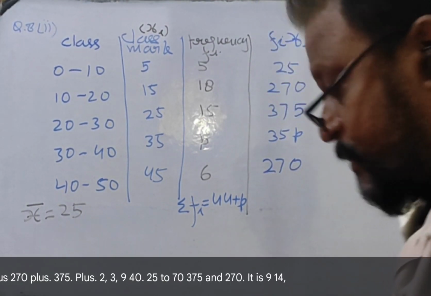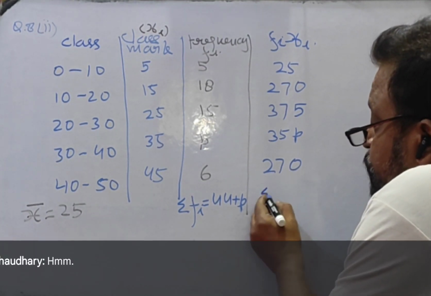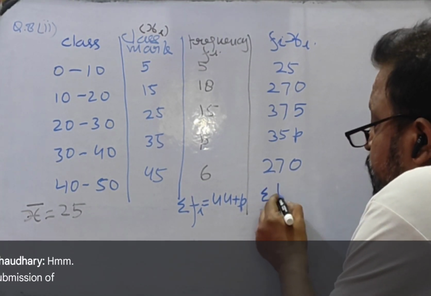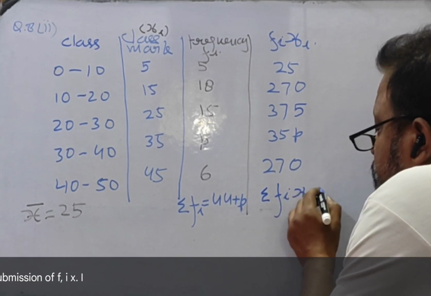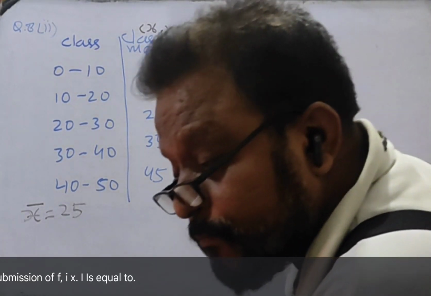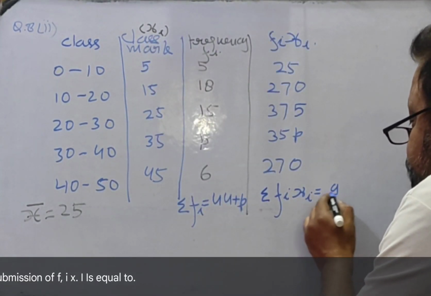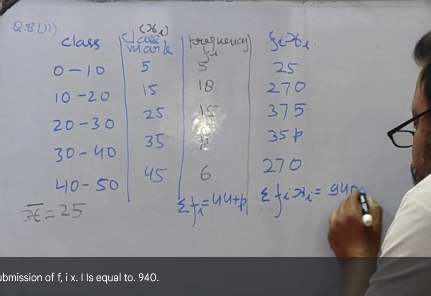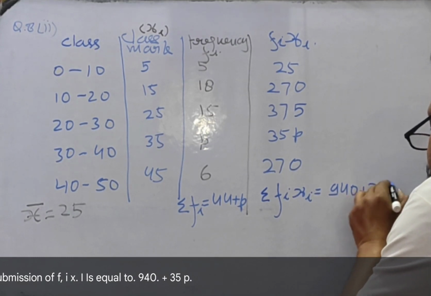Right. So summation of fi xi is equal to 940 plus 35p. Fine.